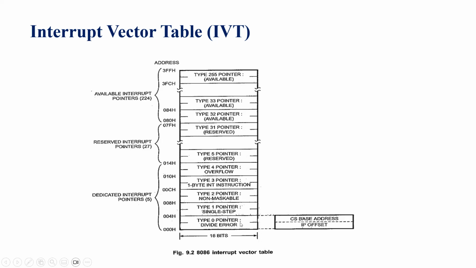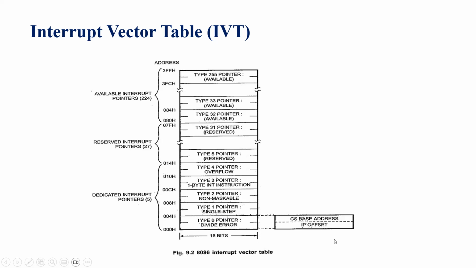See here, friends, for each interrupt, we are dedicating 4 locations. So from 000 to 004, 004 is the starting address for the next, single step execution interrupt. For the divide by zero interrupt, we are allocating 4 locations, that is 000, 001, 002, and 003.